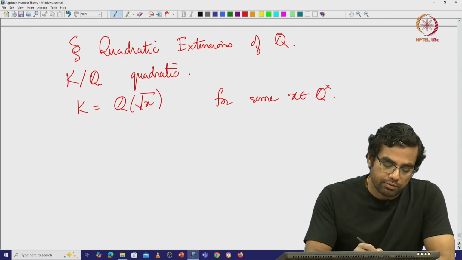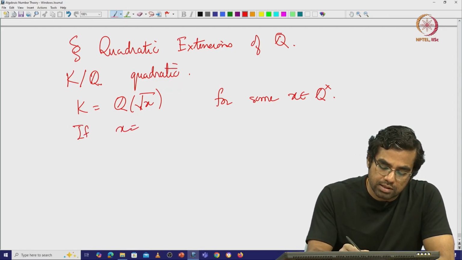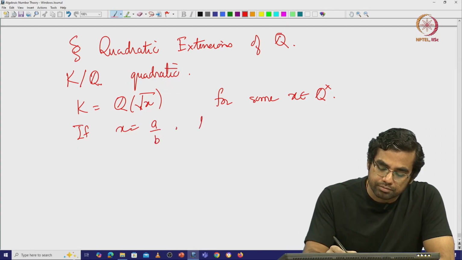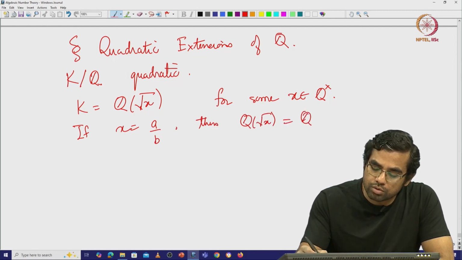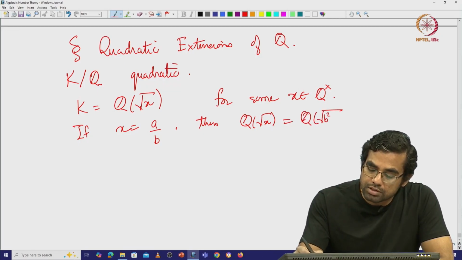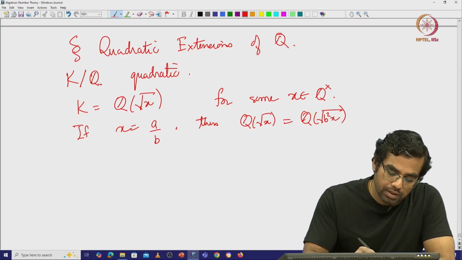But we may assume, if x is a by b, then Q(square root of x) is the same as Q(square root of b square x), because b square is a square.